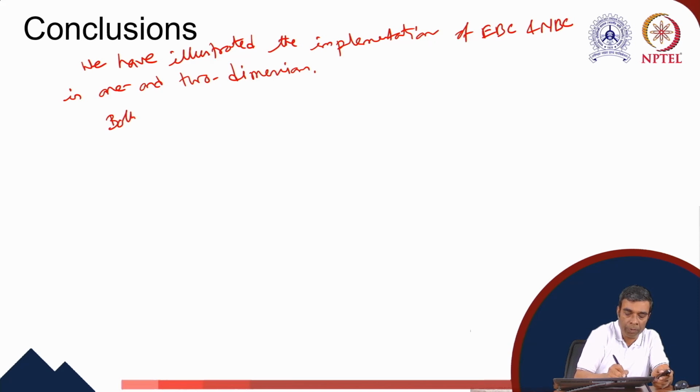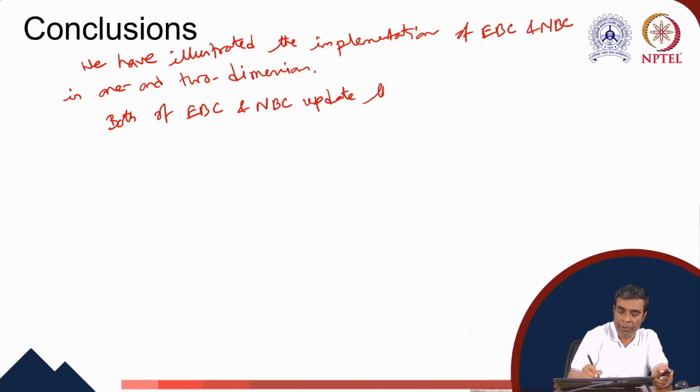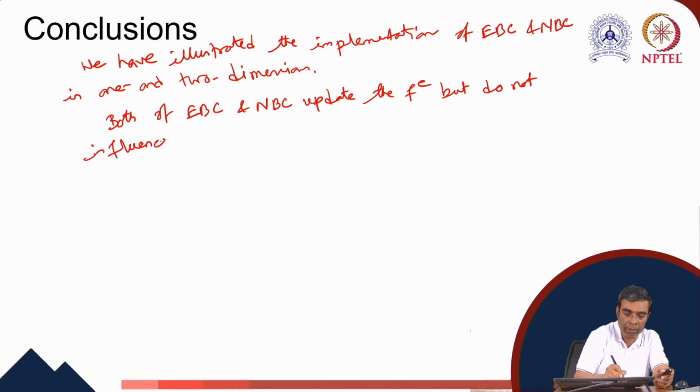Both EBC and NBC update the element level load vector Fe, but do not influence the element level stiffness matrix or the K matrix.